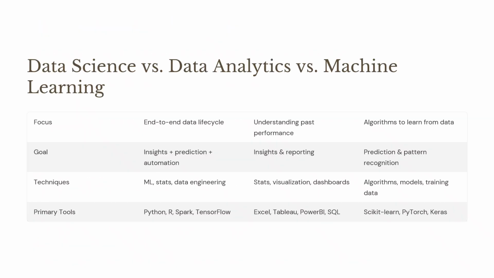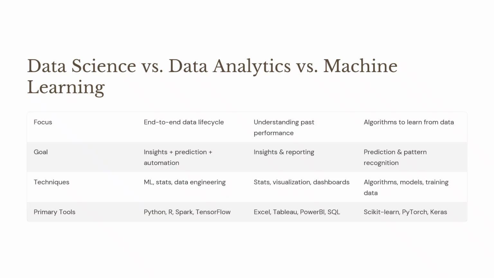Next, what is the differentiation between data science, data analytics, and machine learning? These are the three major key roles. The first one focuses on the end-to-end data life cycle, while data analytics incorporates past performance.